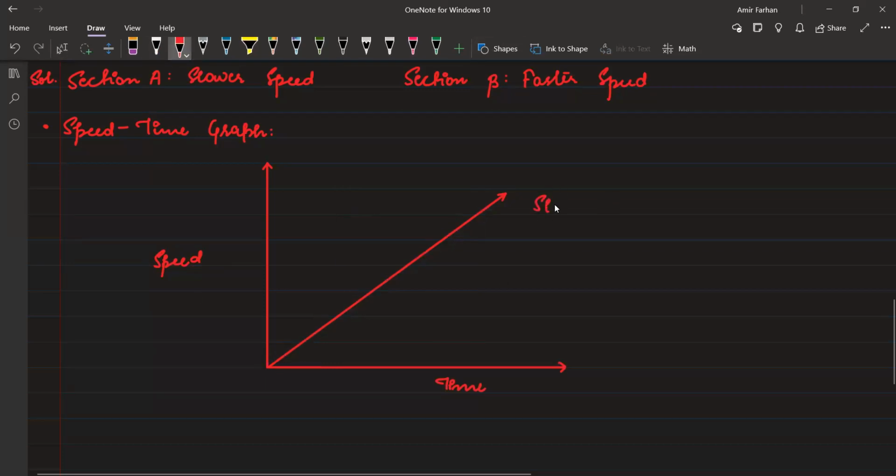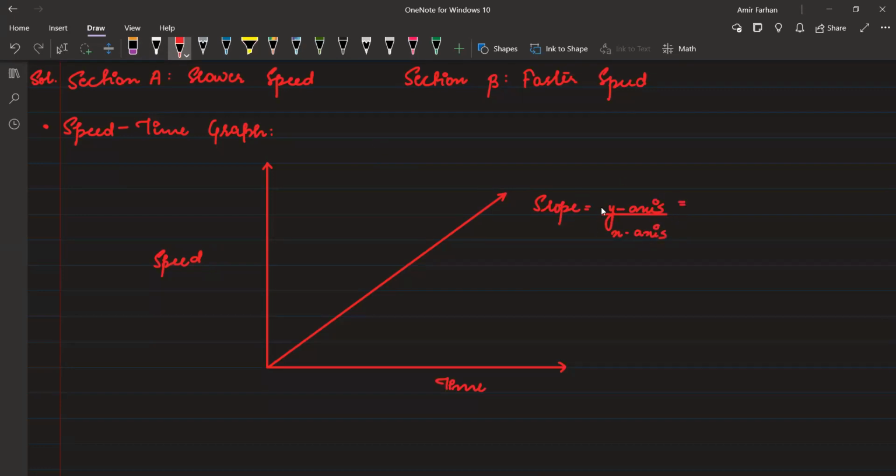The slope of this will be equal to the y-axis over the x-axis.